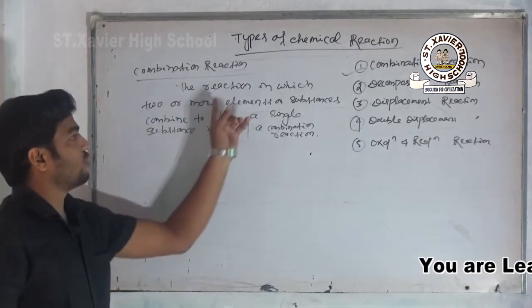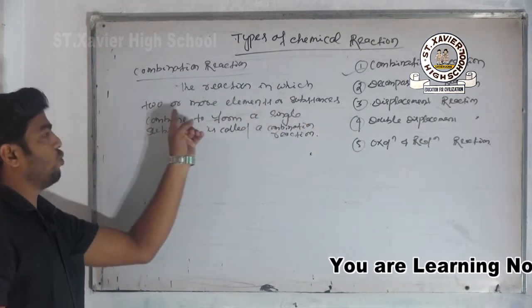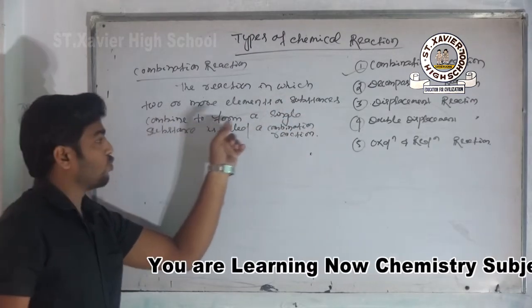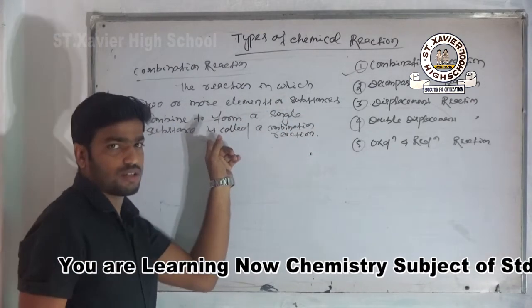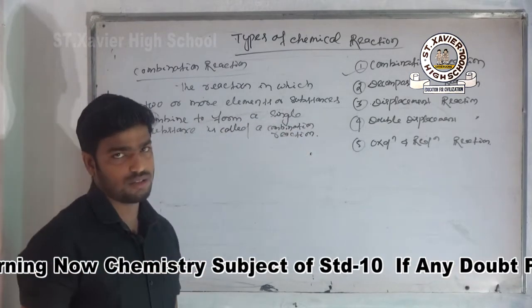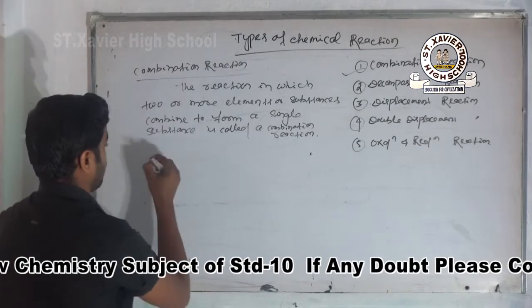See here, the reaction in which 2 or more elements or substances combine to form a single substance is called a combination reaction. Clear? Coming to the example.